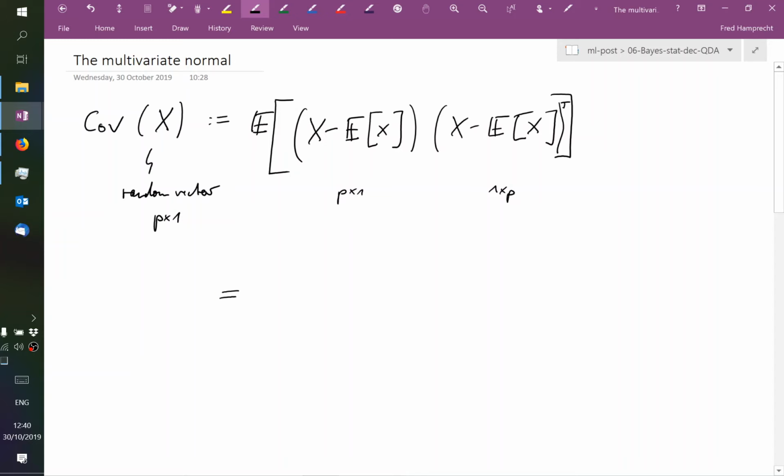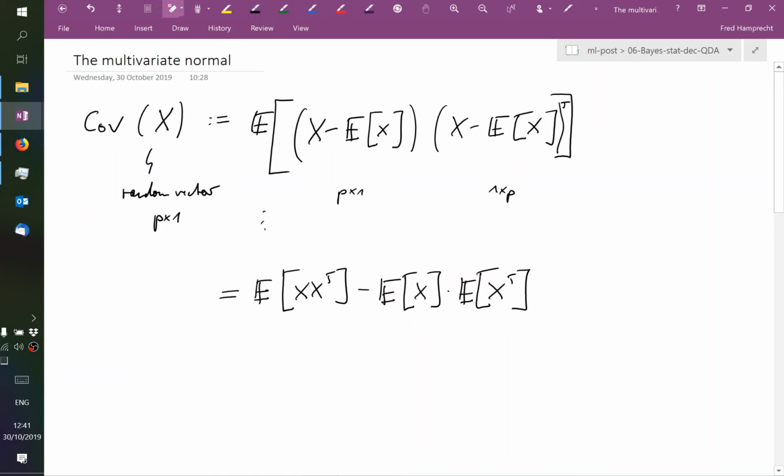You can multiply it out, and then you find that you can rewrite it as the expectation of x x transpose minus the expectation of x times the expectation of x transpose. I'm omitting the intermediate lines here; it's really just one line or so.